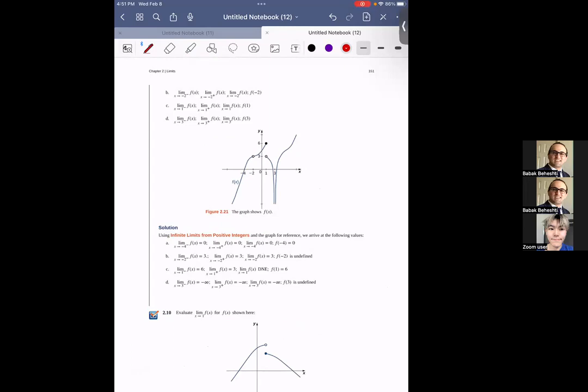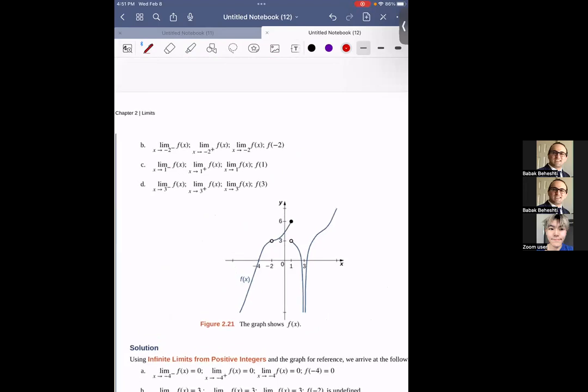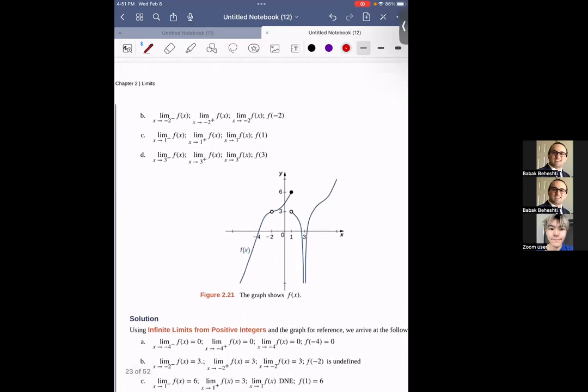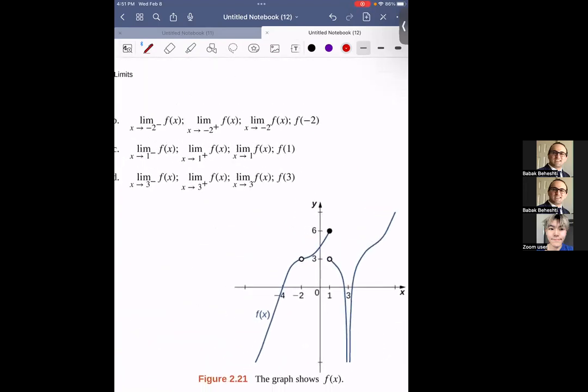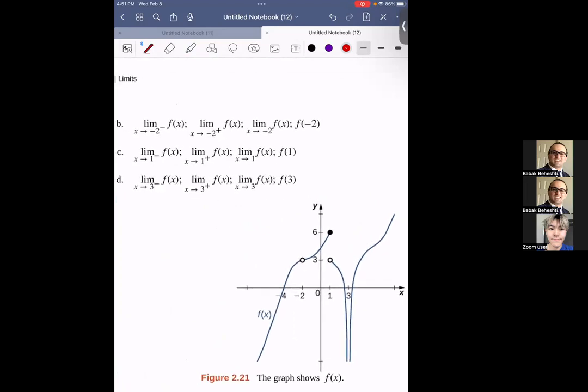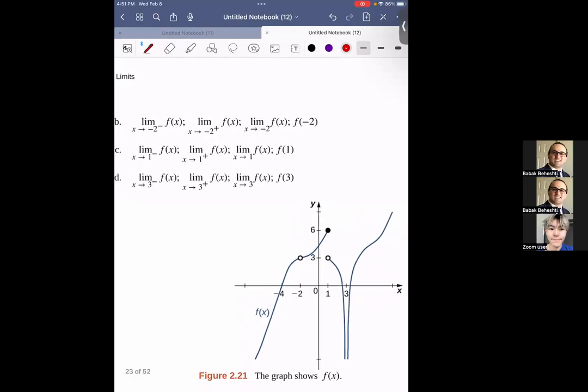So now I want you, without looking at the solution, just by looking at this function, to find these limits. So for example, this is the graph of f of x. What is the limit of f of x when x goes to minus 2 minus? Minus 2 minus means the left limit at minus 2, when x goes to minus 2 from the left-hand side.